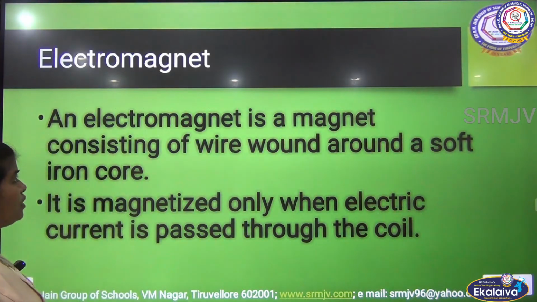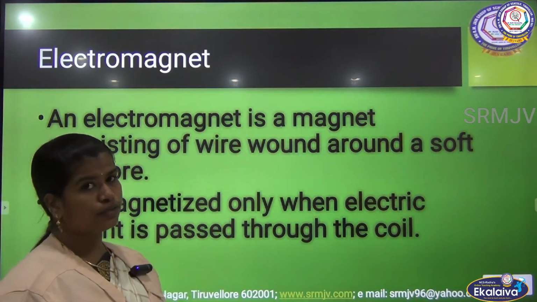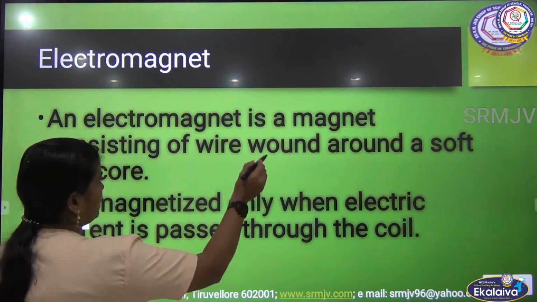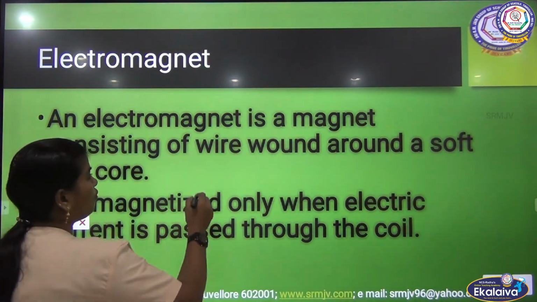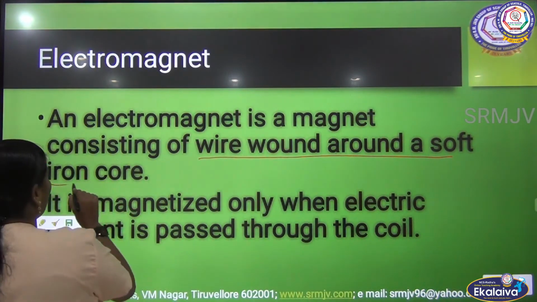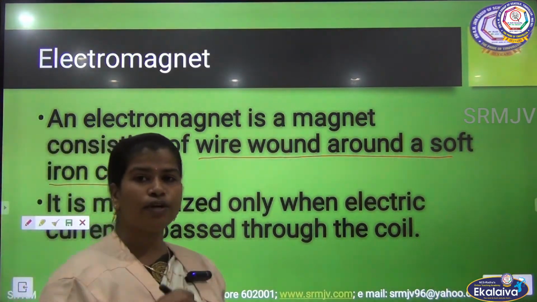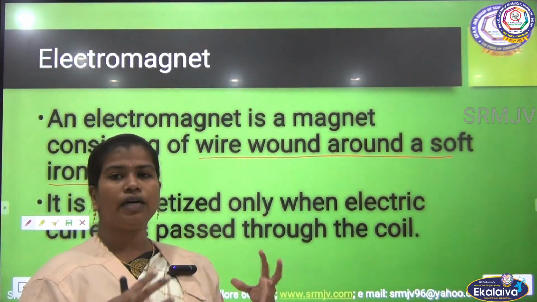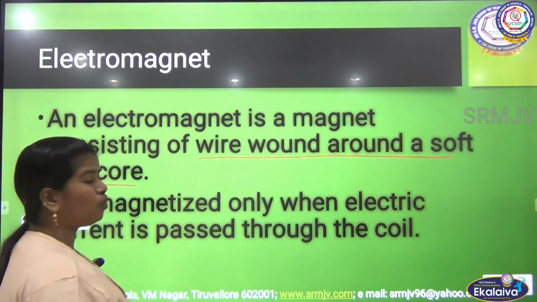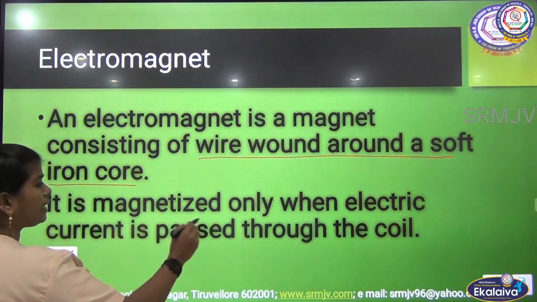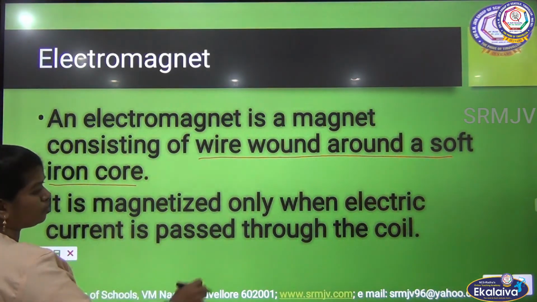Before that, I just wanted to explain what an electromagnet is. An electromagnet is a magnet consisting of wire wound around a soft iron core. If I insert a soft iron core inside the solenoid, I can get an electromagnet. It is magnetized only when electric current passes through it.